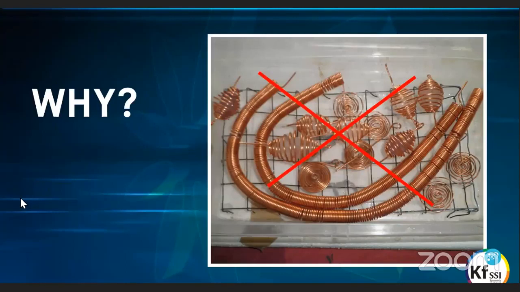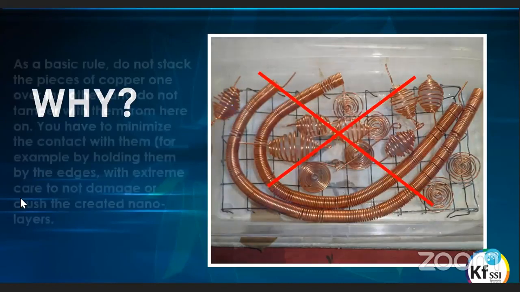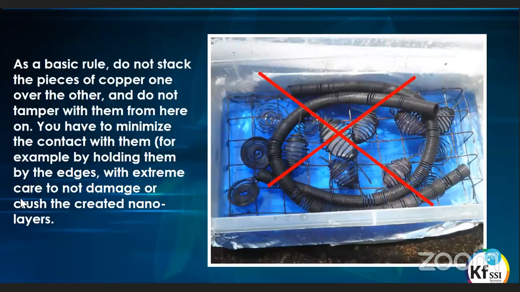And this was my pictures on my nano coating right in the beginning, so please don't do what I did. You want to nano coat as many things as possible at the same time, but now you are putting things on top of each other, so you're damaging the nano layers. So please do not do what I have done and what many of us have done.